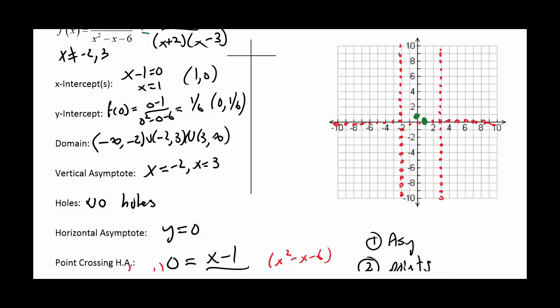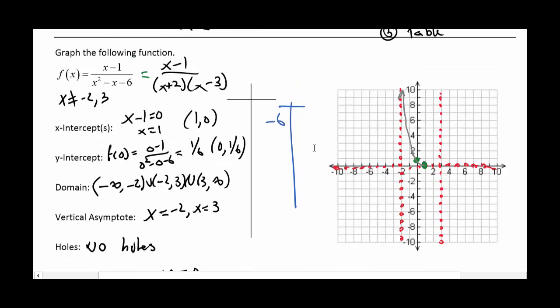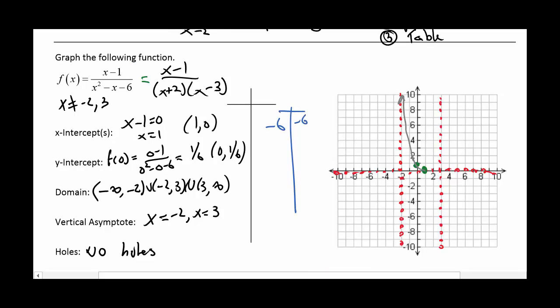And let's see, so part of that I can see. So I know it's got to go up again because I know it doesn't cross, right? The next question then is, what's going on at, say, past negative 2, like negative 6? So if I knew if it was above or below, then I could fill that in. So we'll test that point. So negative 6. So actually, factored form is nice.